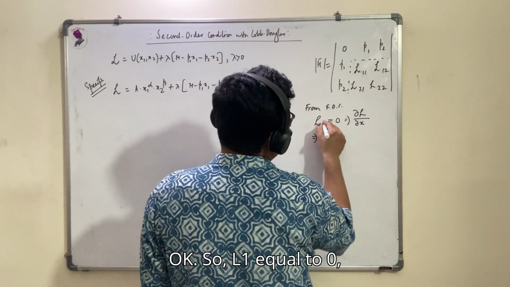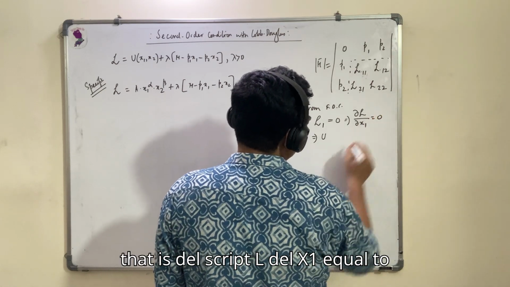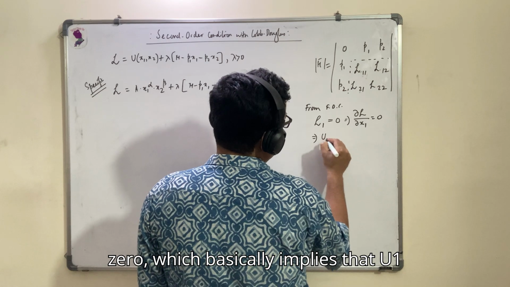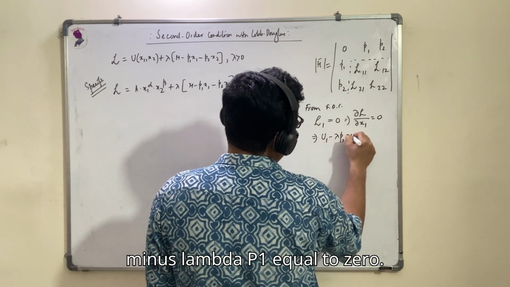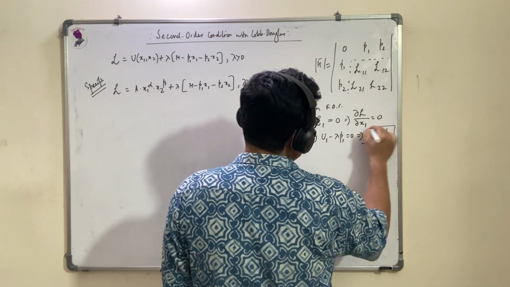So L1 equal to 0, that is del script L del x1 equal to 0, which implies that u1 minus lambda p1 equal to 0, that is u1 equal to lambda p1.